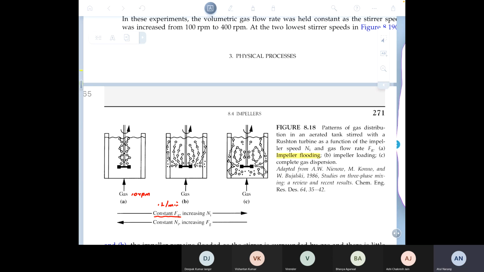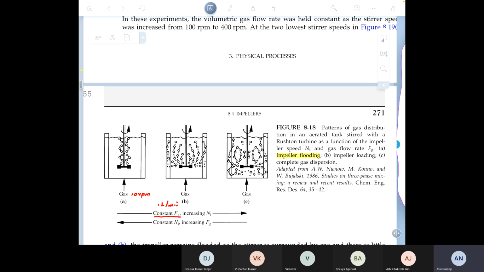This is what happens if the gas flow rate is relatively high compared to the impeller speed, right? So your impeller speed is so low that the gas does not get entrained, does not get trapped into the recirculation patterns created by the impeller, and basically flows straight upwards in a pathological situation called impeller flooding.